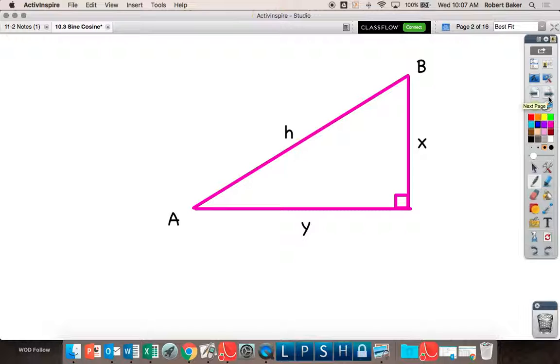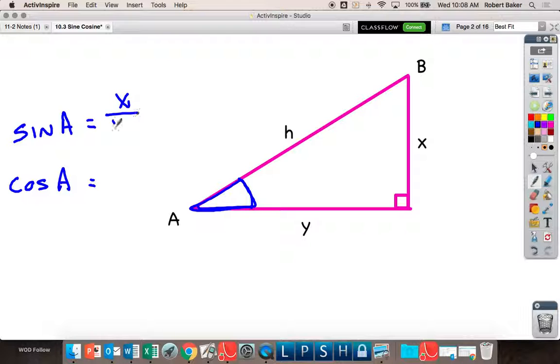So I want to find the sine of A, and I want to find the cosine of A. Just write the ratio. If I'm evaluating the sine and cosine of this angle, what is sine? What is opposite of A? X. What is the hypotenuse? H. Now cosine of A is adjacent over hypotenuse.